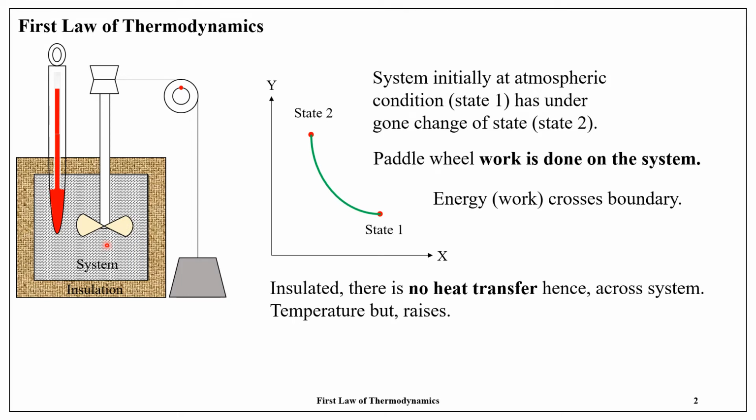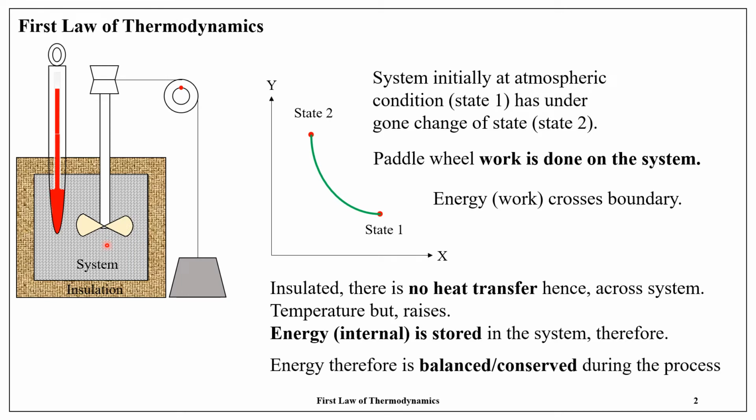Because the temperature of the system increased. And hence we can say energy is stored in the system. So internal energy is stored. Work and heat cannot be stored in the system. They are dynamic forms of energy. Therefore, energy is balanced or conserved during the process.